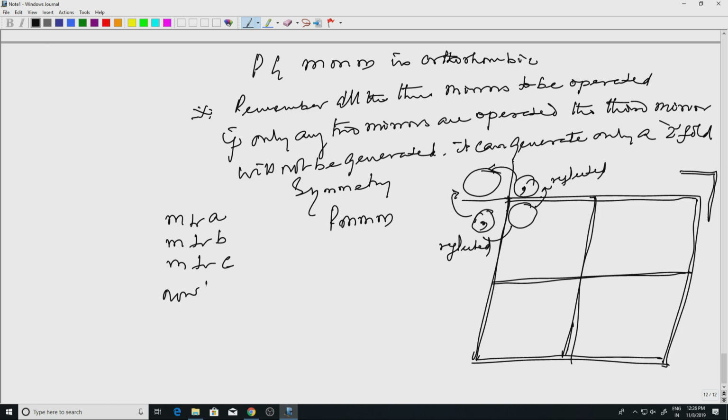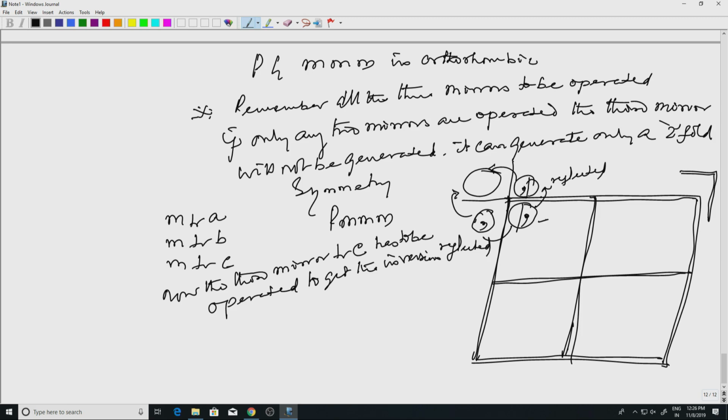Now, the third mirror, perpendicular to C, has to be operated to get the inversion. When we reflect, this goes down with an enantiomer, this goes down without enantiomer, you get an enantiomer here, down. Here the enantiomer disappears and you get a minus.